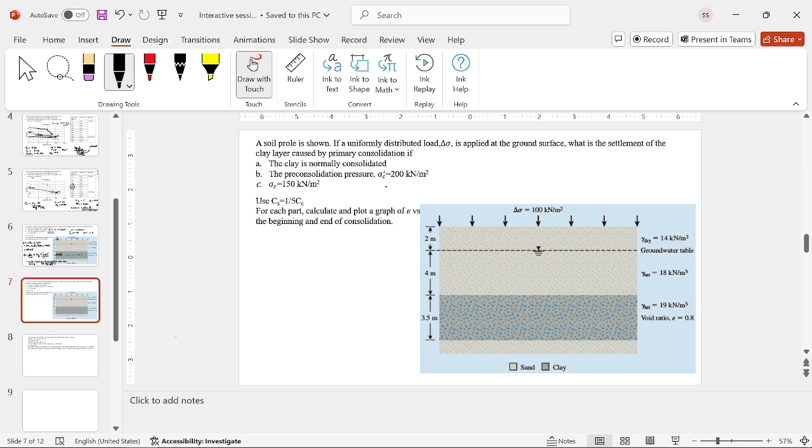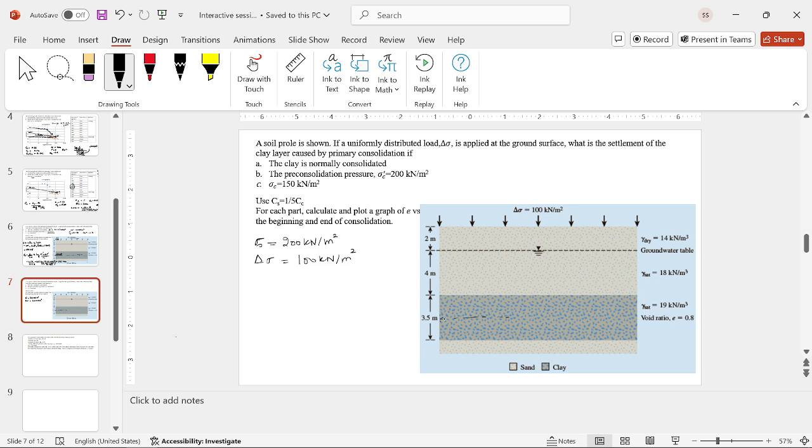Now for the second case, the pre-consolidation pressure sigma naught is 200 kilonewton per meter square, and delta sigma is 100 kilonewton per meter square.